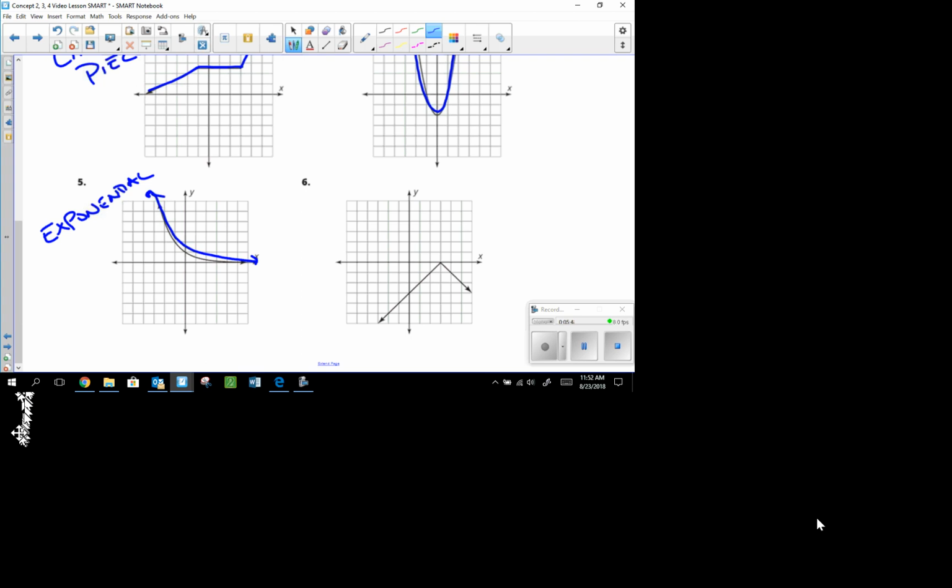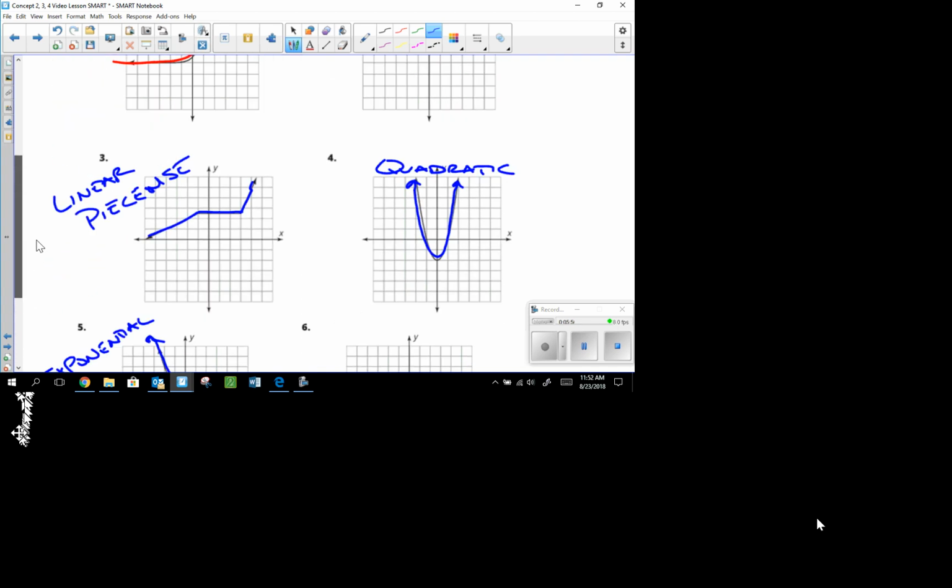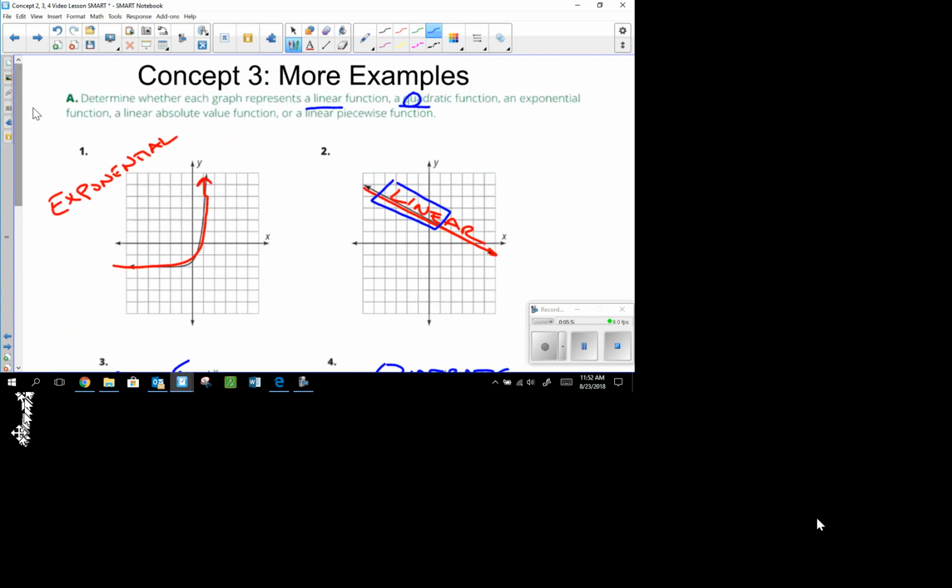And finally, get to this last one. It's a straight line, but then it ricochets back down. Although that is an upside down V, it is V-shaped. That's what we consider that. Again, let's go through the list that we got to choose from. We got linear, which is lines, could be quadratic, which we already said is U-shaped. Exponential, that's when you got to learn that is curved, remember?